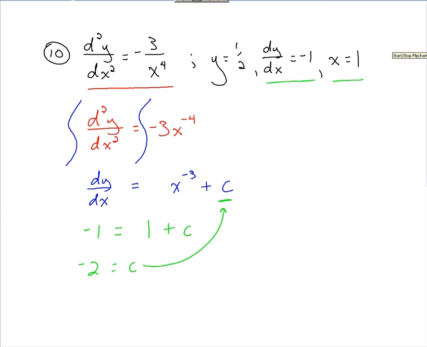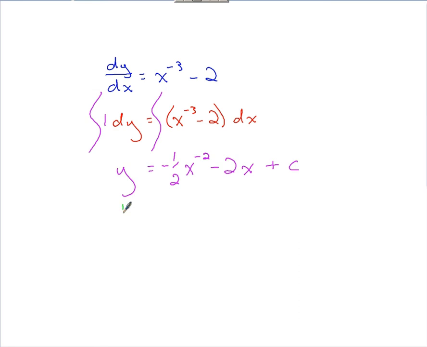We're given a value for y when x is 1. So we can substitute 1/2 in the place of y, substitute 1 in the place of x. 1/2 equals negative 1/2 times 1 to the negative second, minus 2 times 1, plus c. We solve for c and plug back into our step right here, we've got our answer.